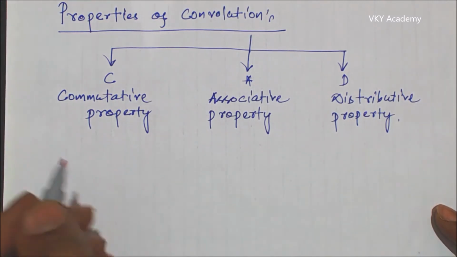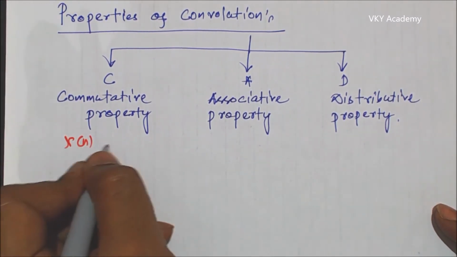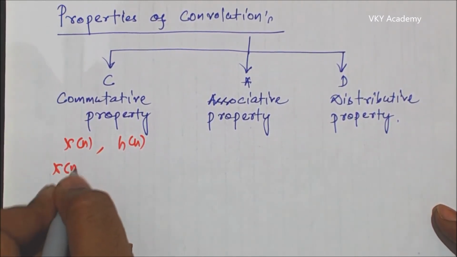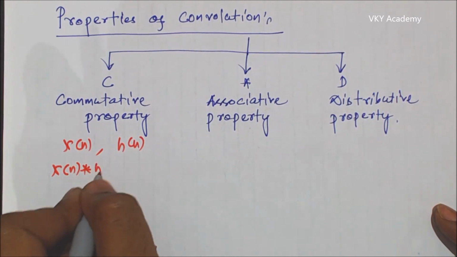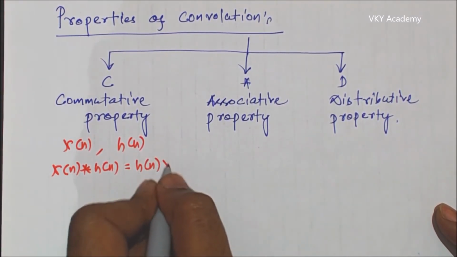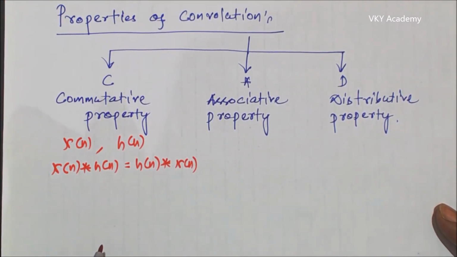Now the commutative property states that if a discrete time sequence x of n is given and the impulse response h of n is given, then x of n convolution h of n will be equal to h of n convolution x of n. This is the commutative property.